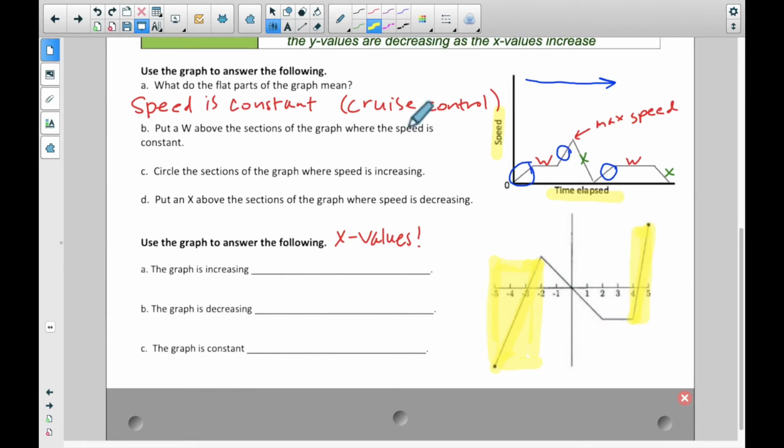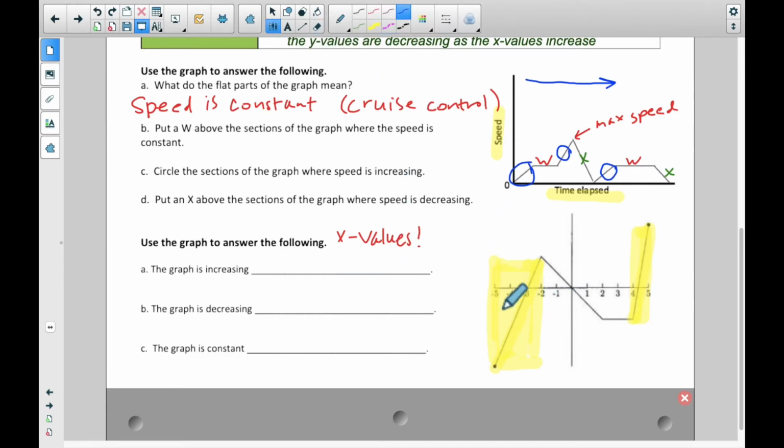Well, I've highlighted these parts because that's where the graph is going up, and going up means increasing. So when is it going up? Well, from -5 to -2, that's where it is increasing. In fact, we could say that as an inequality, and maybe we should do that.